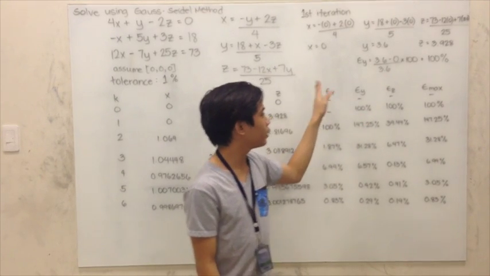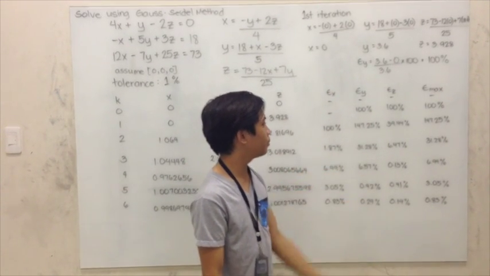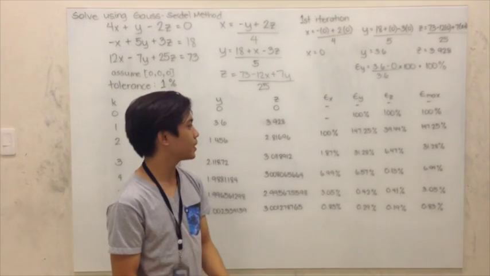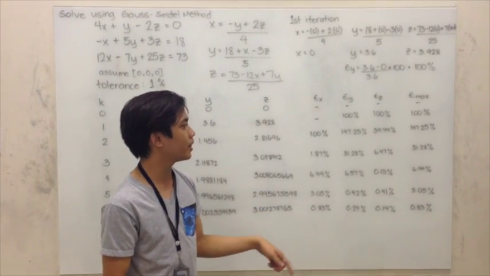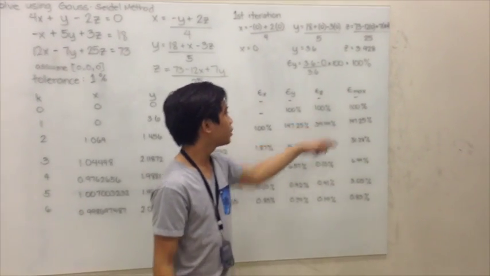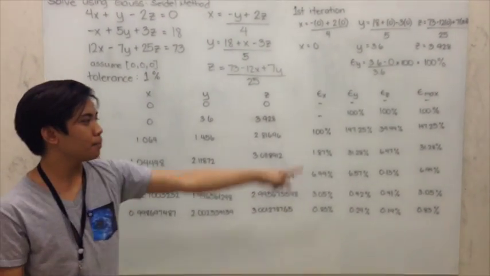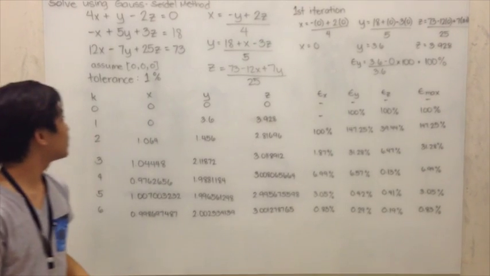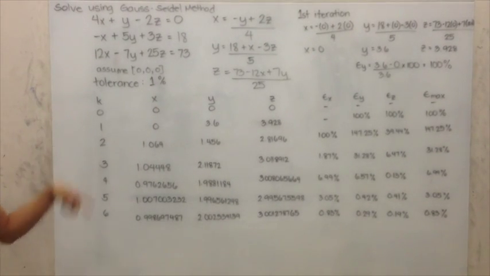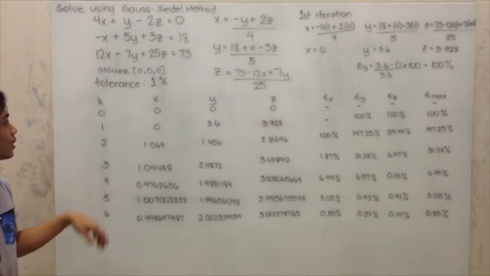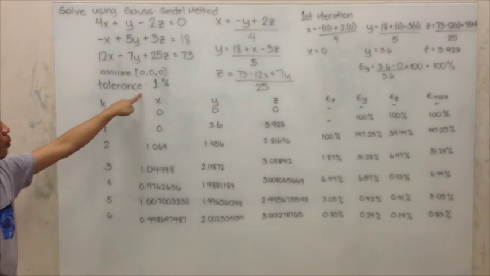So we do that for all variables, and we check which one has the greatest error, and that will be our Emax. So we're just going to keep iterating until our Emax is less than the specified tolerance. So for this problem, our specified tolerance is 1%.